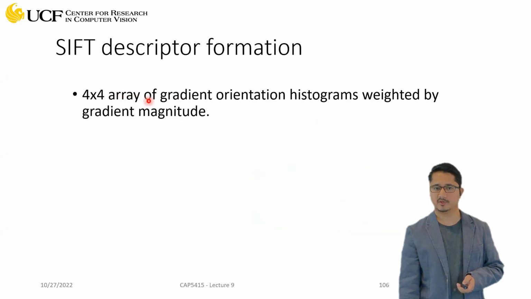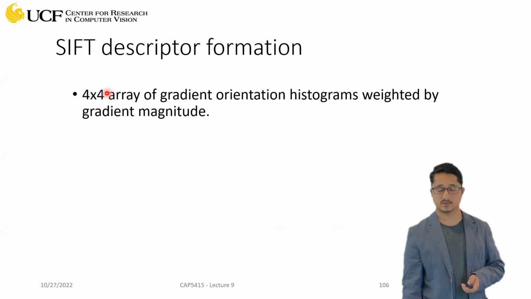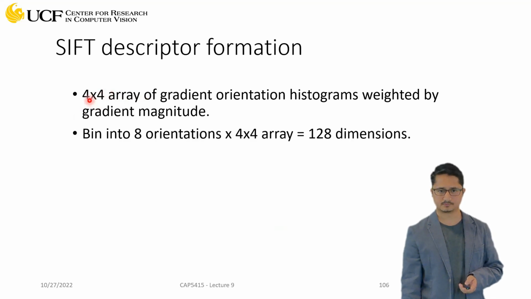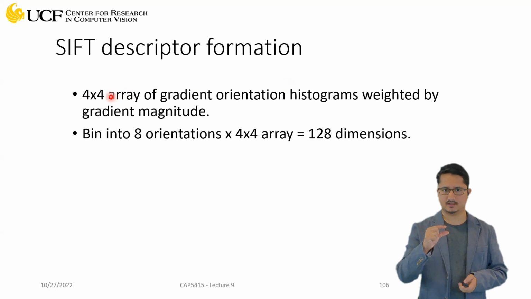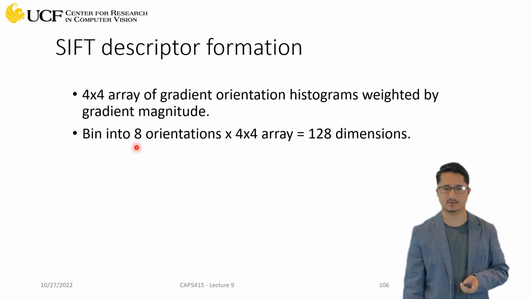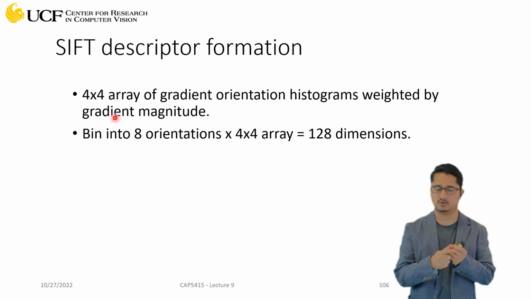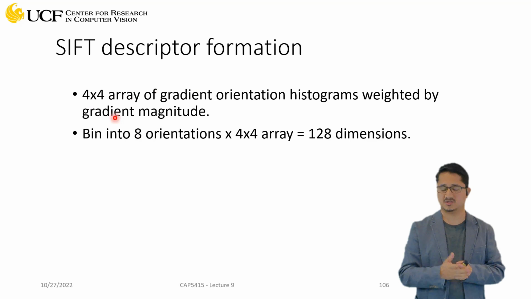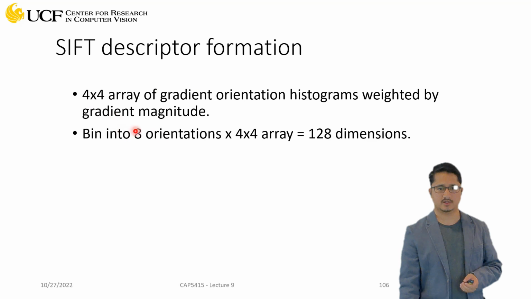So you similarly break that bigger block into smaller cells, let's say 4 cross 4. And for each 4 cross 4 cell, you will extract a histogram based on the orientations and depending upon how many bins you have. In this case, if you have 8 bins, you will divide your 0 to 180 degrees, or 0 to 360 degrees, into 8 different bins and create that histogram. And you will do that for each cell. In total, you have 4 cross 4, 16 cells, so your feature will be 128 dimensions long.